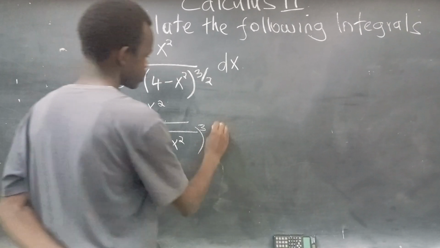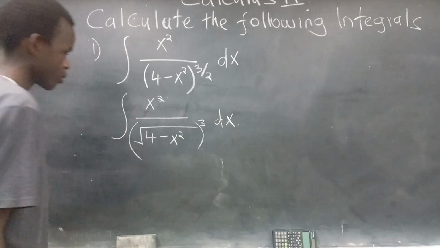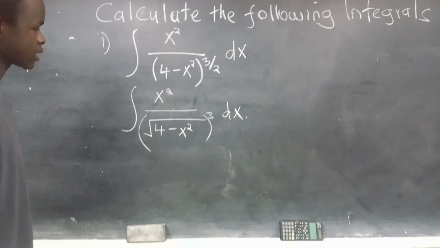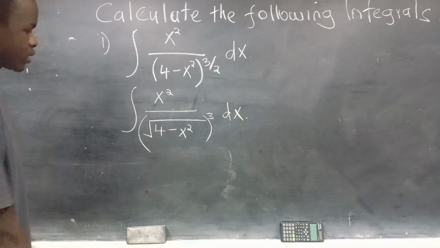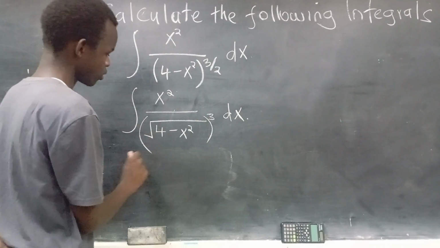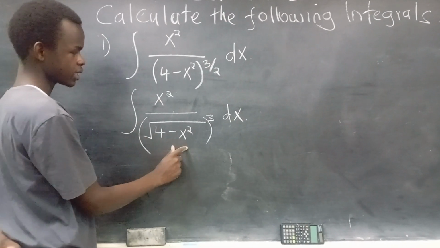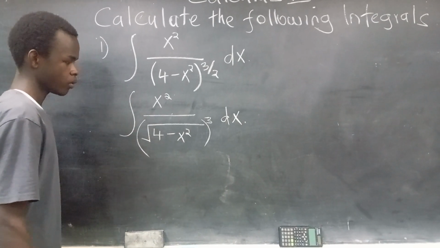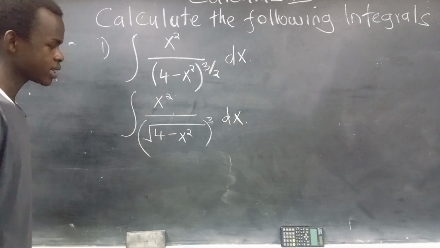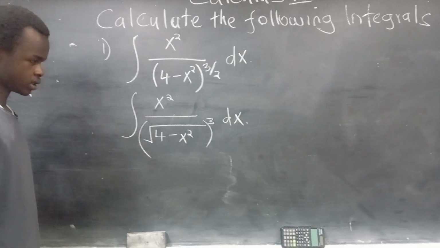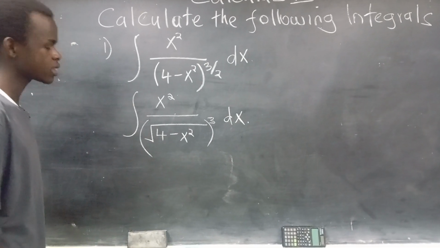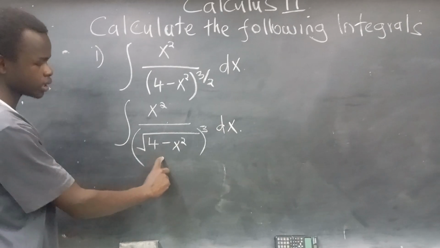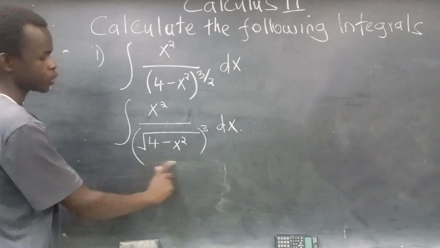As you can see, this is the square root of 4 minus x squared. In my video, we talked about trigonometric substitution, and this resembles a trigonometric substitution.